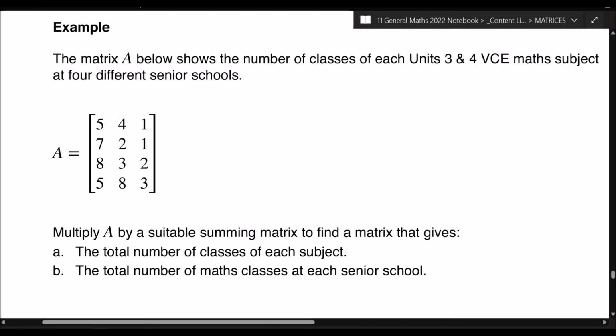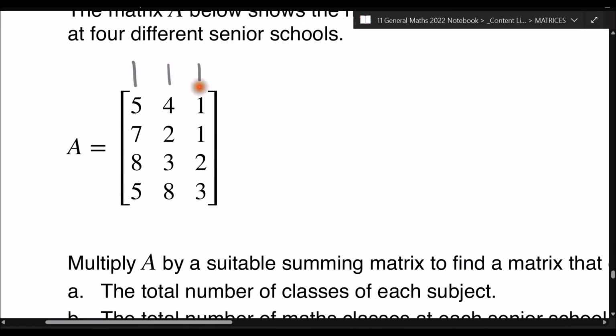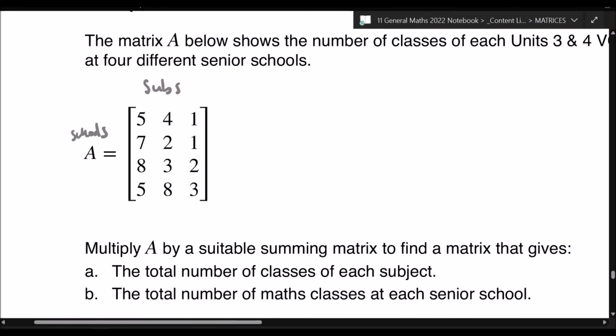Because it says 4 different schools, I'm going to assume that these are the schools, 1, 2, 3, 4, and these are the subjects. I don't know what the subjects or the schools are, that's fine, but just so you know these are the schools and those are the subjects.